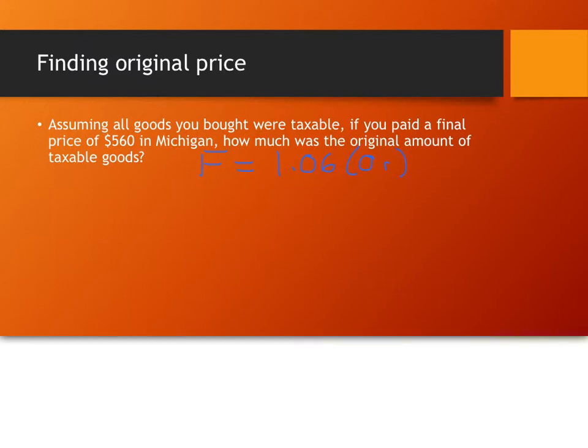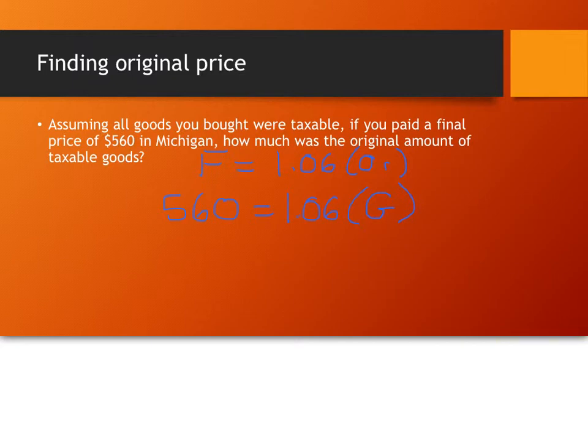And so now we have the final price, that's $560. That should be 106% of the original. And I think I'm going to call the original, I'll call that a capital G. I don't know why.